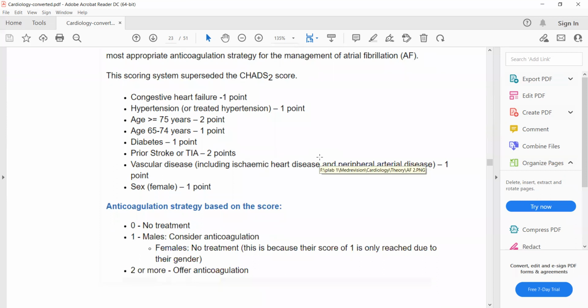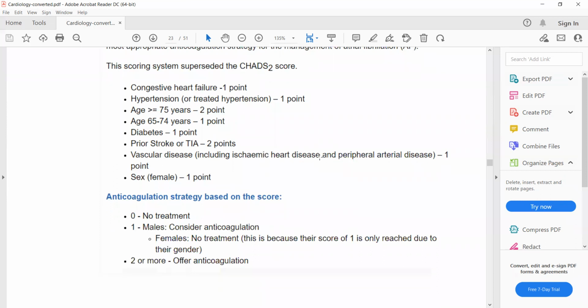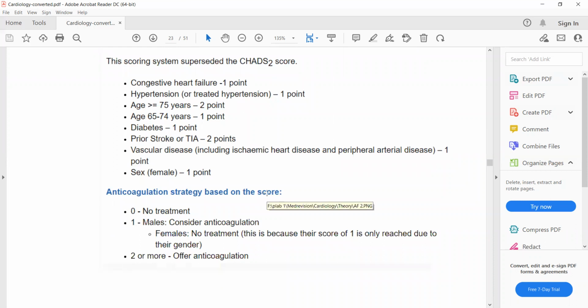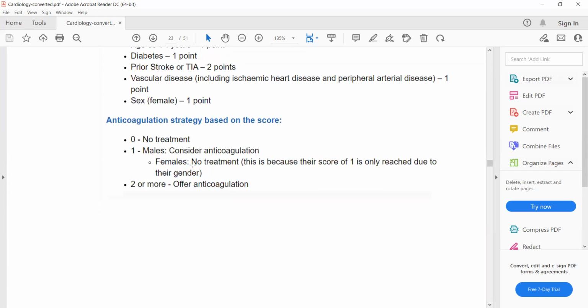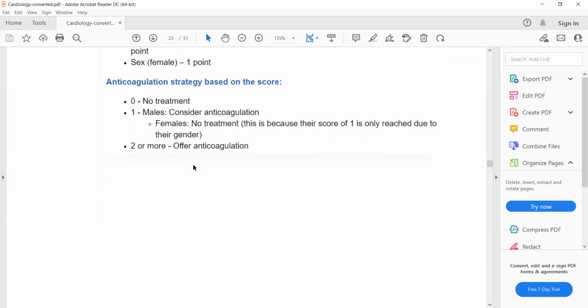If it's 1 in males, then we'll consider anticoagulation, and if it's 1 in females, then no treatment is required because one point in female is due to their gender. So 1 in female does not require any treatment, but if the score is 1 in males, then we will consider anticoagulation. And if the score is 2 or more, then we will offer anticoagulation.